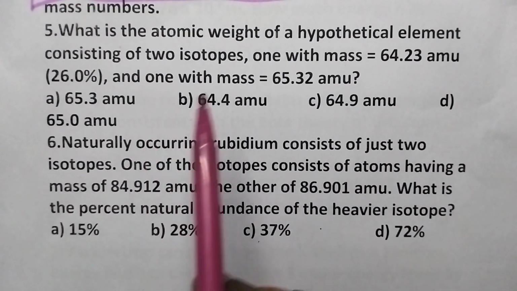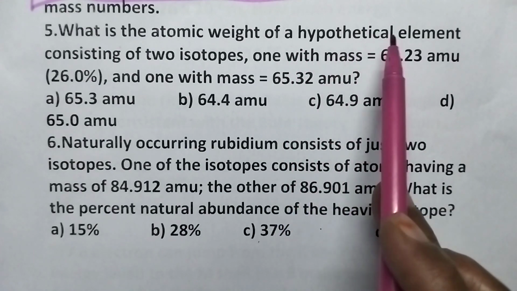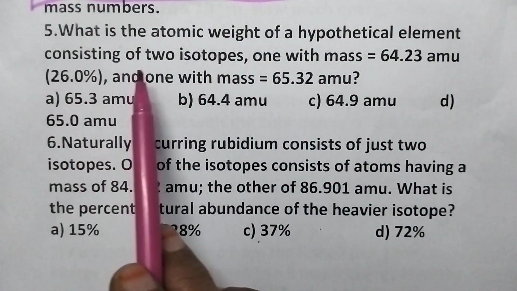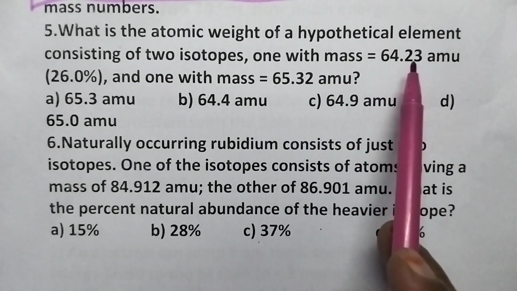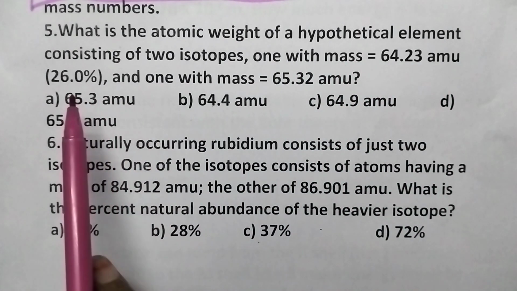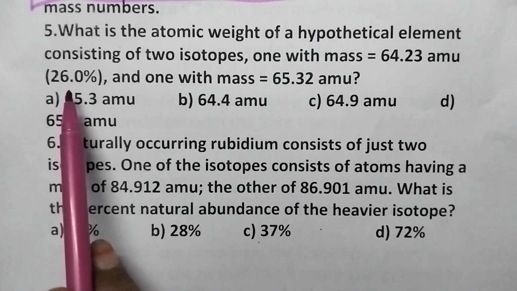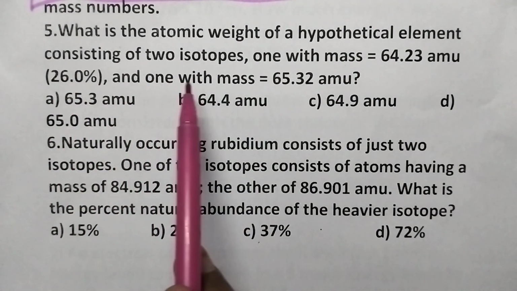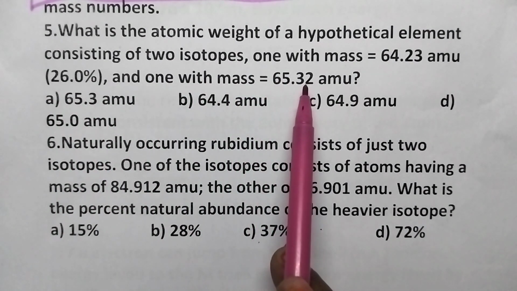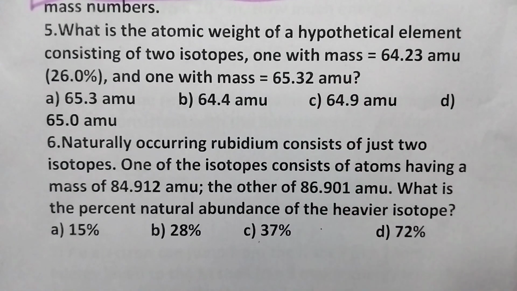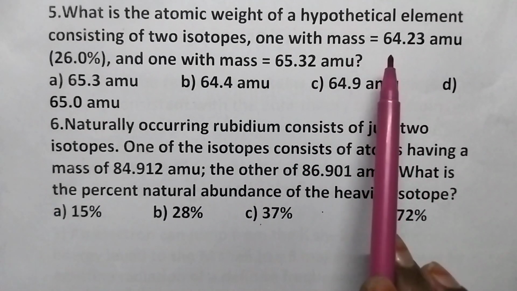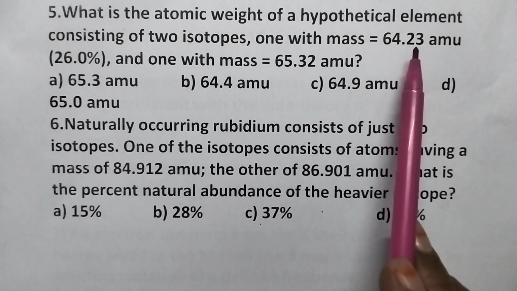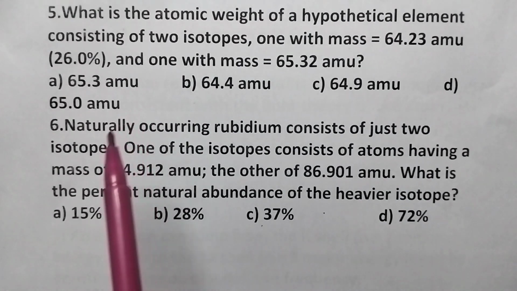What is the atomic weight of a hypothetical element consisting of two isotopes? One with mass 64.23 AMU, its contribution is 26%, and another with mass 65.32 AMU. That means here we are having two isotopes. One is having the mass 64.23 and its contribution is 26%.